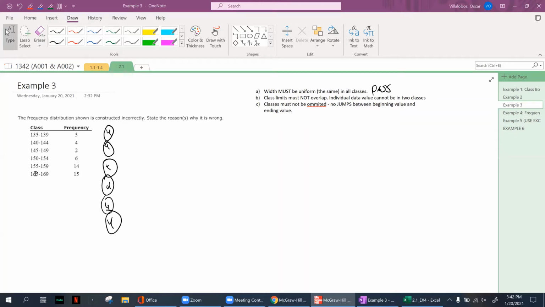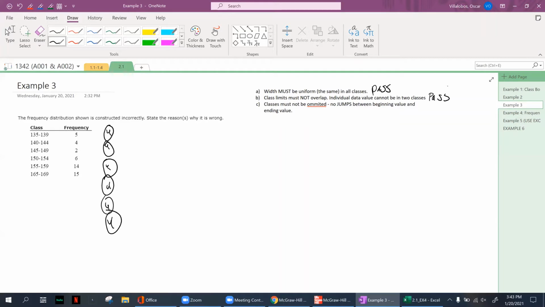There's not an overlap, but I see something already. So 159 through 165, and then, okay. So it passes this one. It didn't overlap.